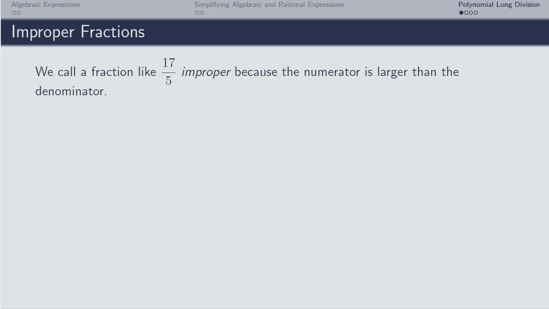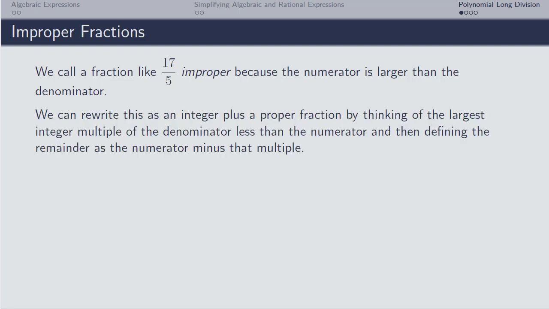There's nothing inherently wrong with writing something in this form, and to be honest, if this number were the answer to a question, I would want you to give it to me in this form. 17/5, that's a perfectly fine thing. But we do need to know how to get it into a form that's not an improper fraction. We can write this as an integer plus a proper fraction.